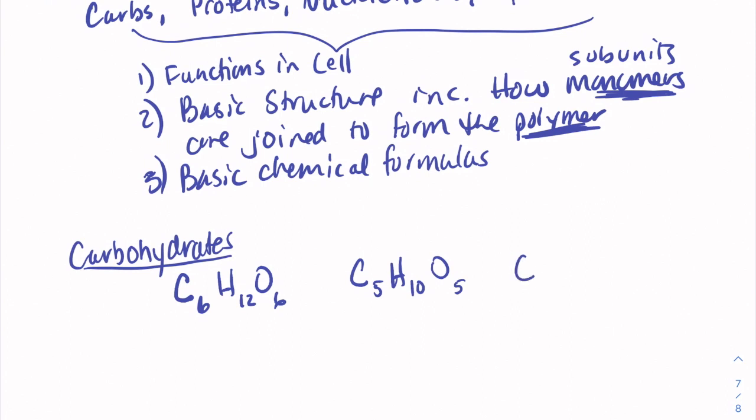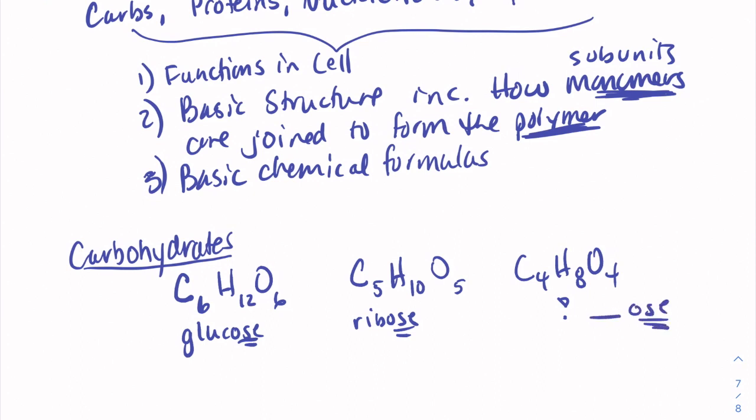So, we could do this all day, right? C4H8O4. FYI, this one here is glucose. This one here is ribose. I do not know the name of this one here, but it's going to be something ose.